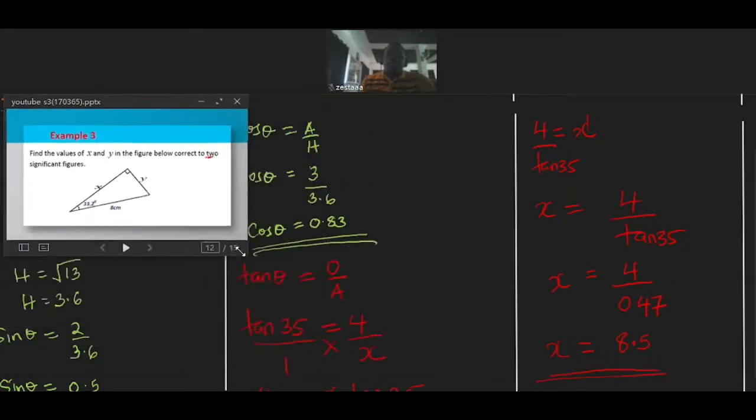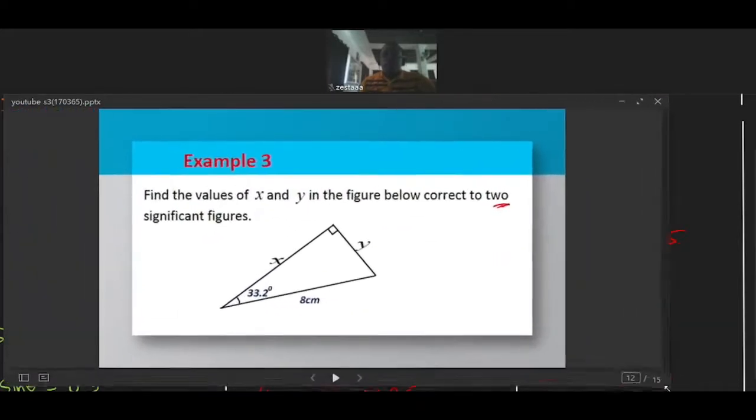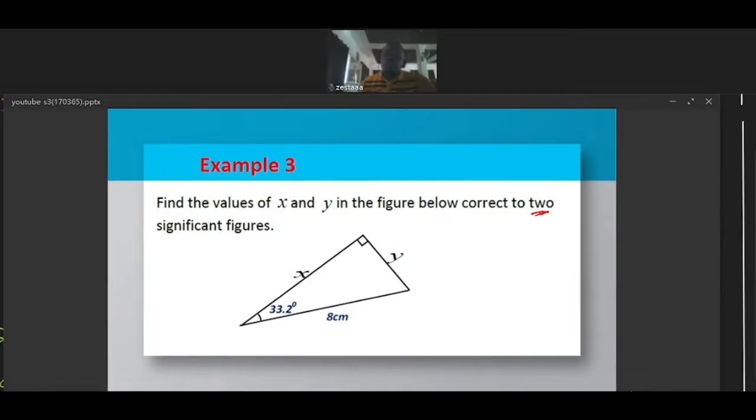So you first redraw your triangle here. Actually, you're going to redraw your triangle so that you can find out which side is the opposite, which is the adjacent, and so on.